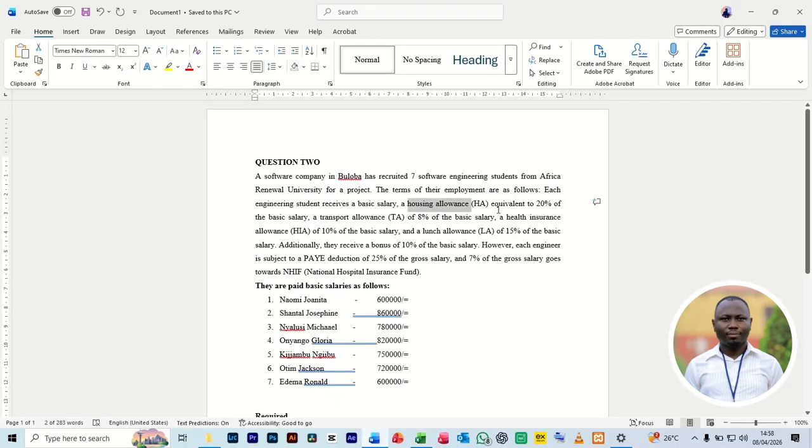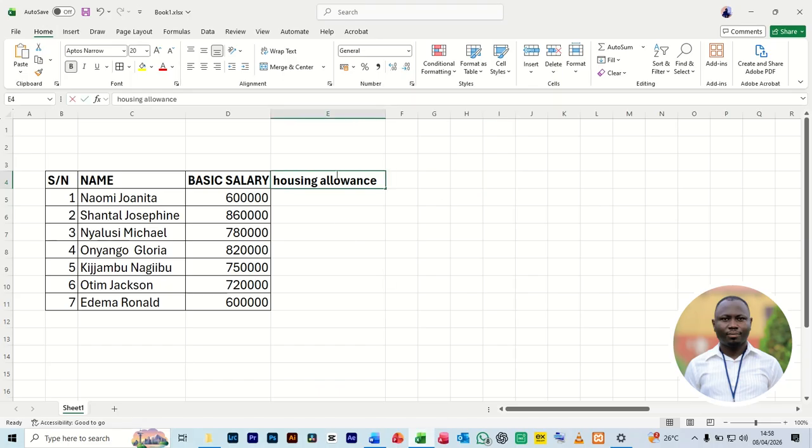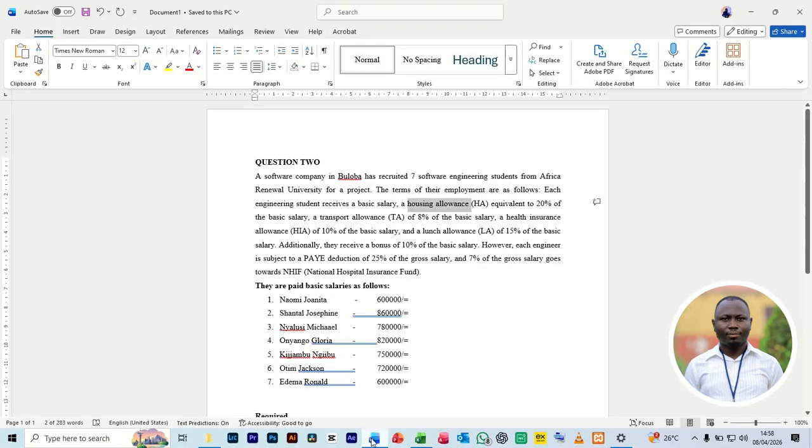Then we move to, they're saying housing allowance is 20%. Let me indicate it somewhere. We're going to put here 20 equals to 20%. That is our housing allowance. What's the next allowance that we're having here?